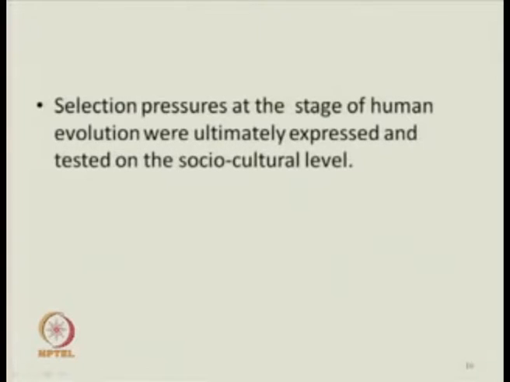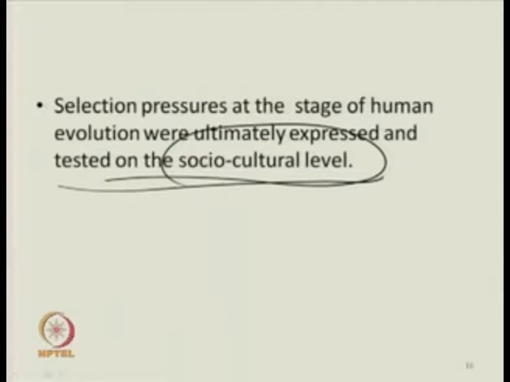Okay, then selection pressures, as Merlin Donald says, and I'm reading from his text, selection pressures at the stage of human evolution were ultimately expressed and tested on the socio-cultural level. This is why we need to look at the story that I have talked about, the story of the origin of the modern mind. Because in evolution the changes were physical, but as he says, where is the manifestation of this?